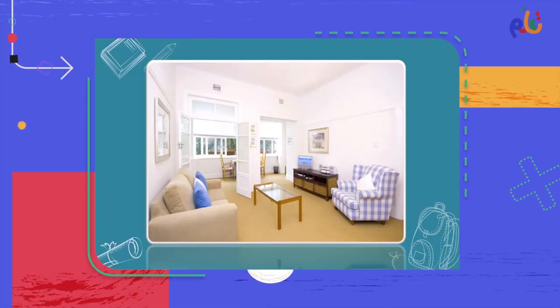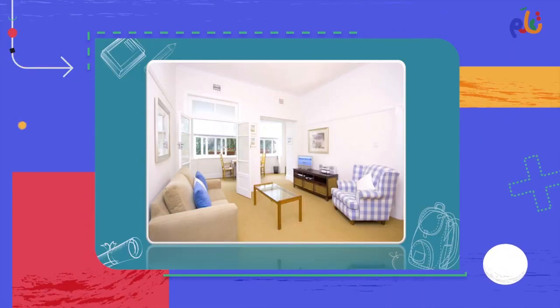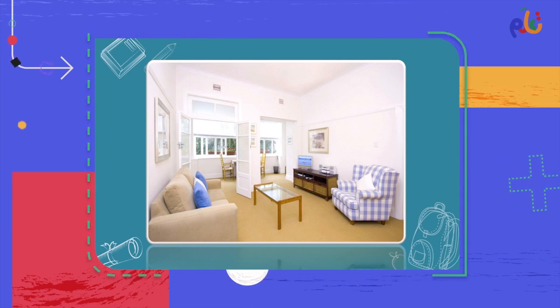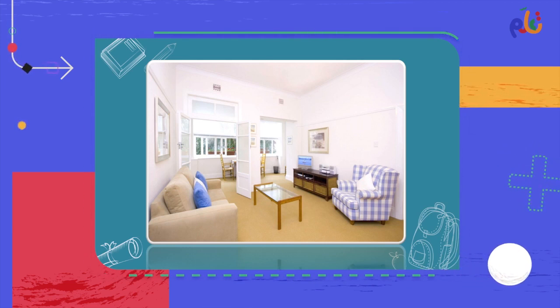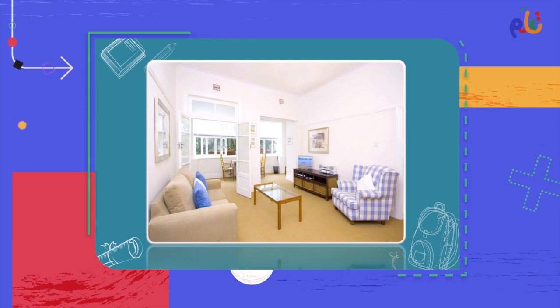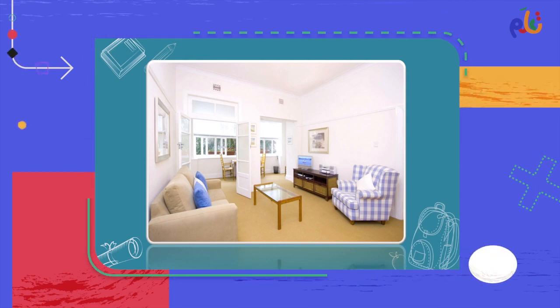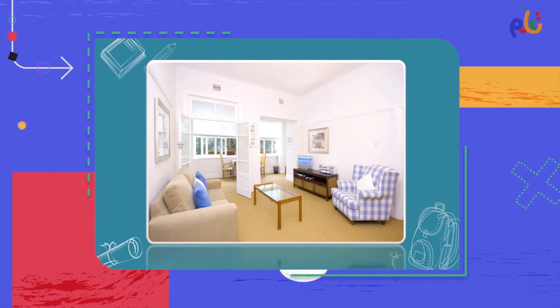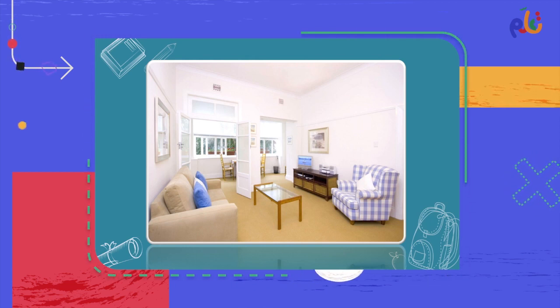So it's bright, it's cozy, or I can say it is convenient for a small family. It's convenient, which means it's suitable, if you remember. And if you look out of the window, you can see a nice, beautiful garden. So this is the idea of the view. So it has a nice view of a beautiful garden.